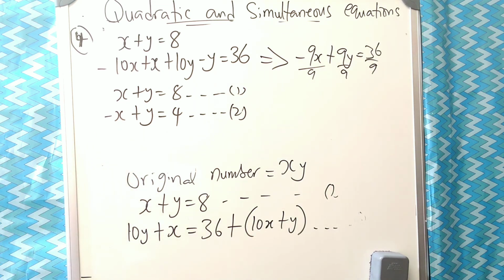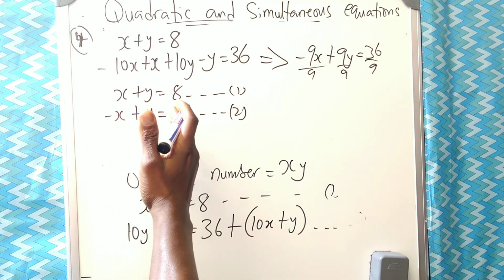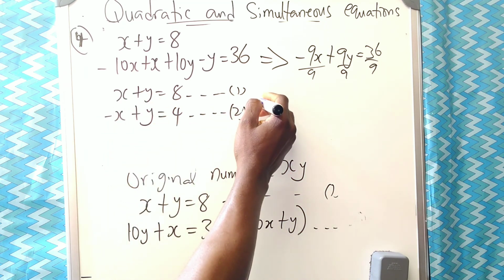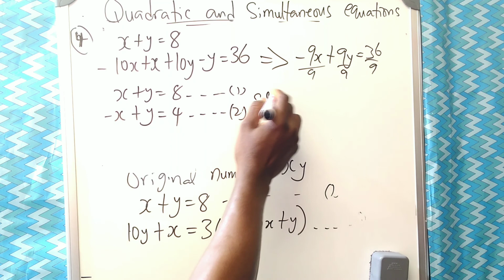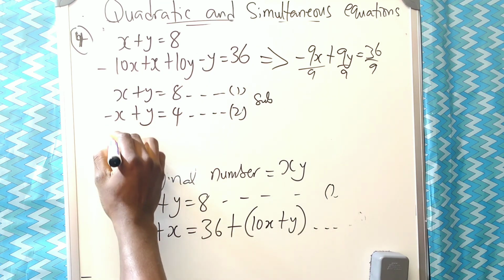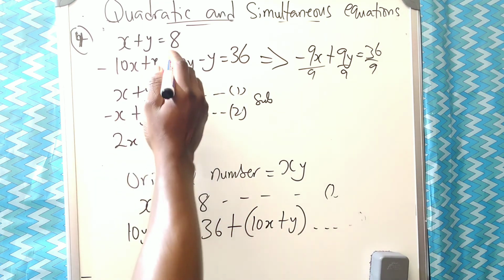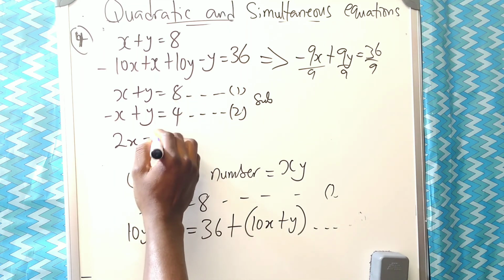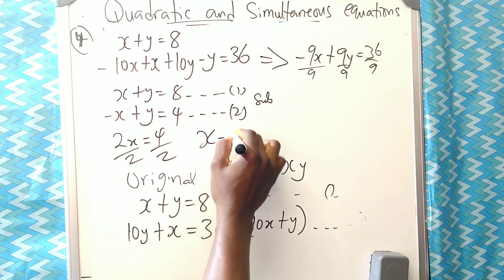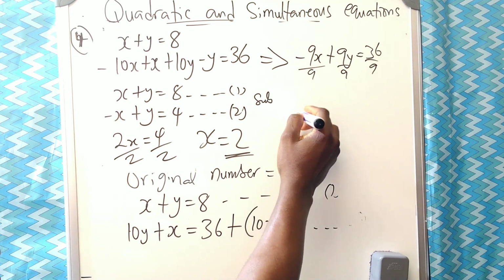All right, at this point, for simultaneous equations, we can eliminate. So we can subtract. If we subtract these equations from each other, definitely we're going to have 2x. This one becomes 0 because y minus y becomes 0. Then 8 minus 4 becomes 4. We can divide both sides by 2. Definitely my x is going to be 2. And what will be my y?